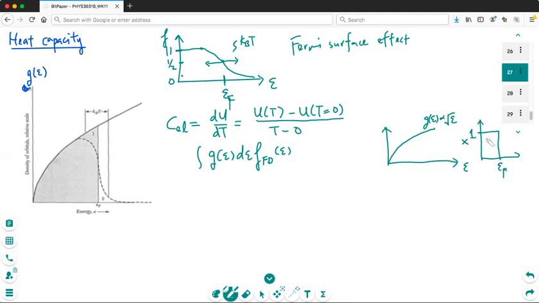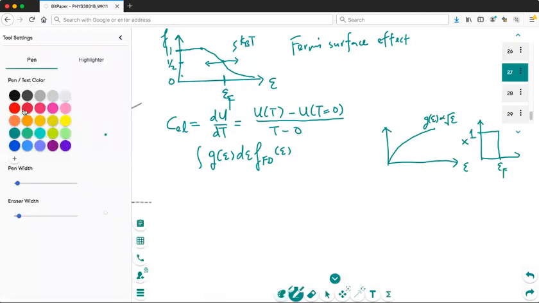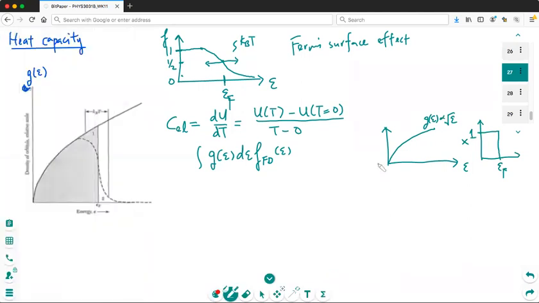If I multiply these two, I get a curve like this. Below EF, I've just multiplied by 1, so I faithfully trace this curve. Once I reach EF, I have to kill everything, so I multiply by 0.